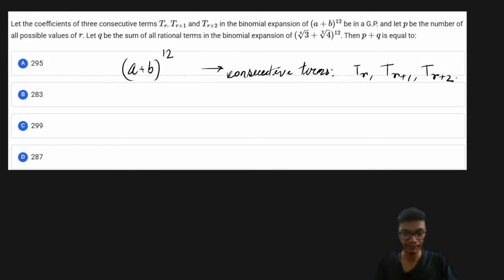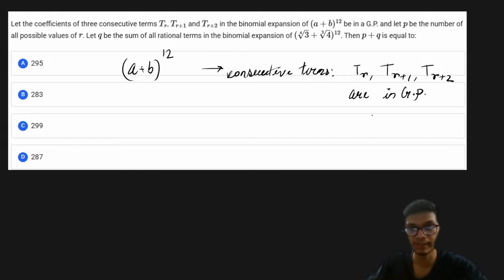These are the given consecutive terms of the binomial expansion, and they are given to be in GP, or geometric progression. Now, this is a very interesting way the question is asked, as it is also trying to include the part of progression.